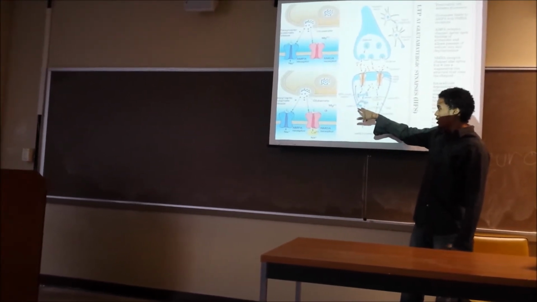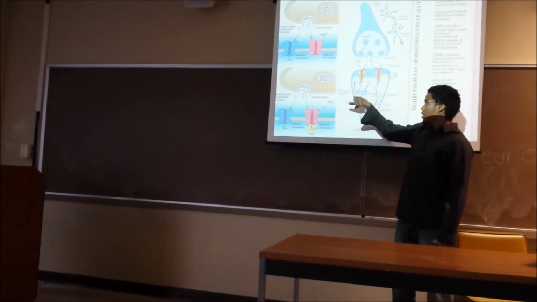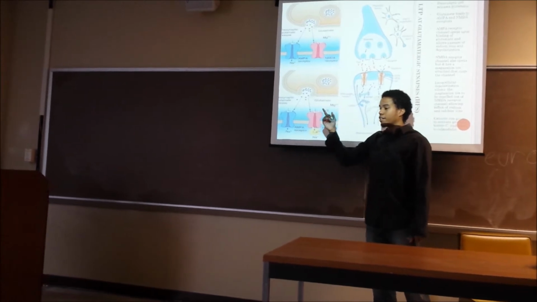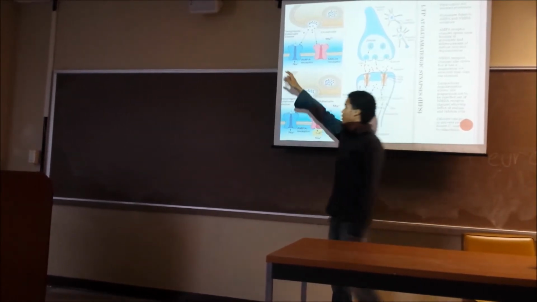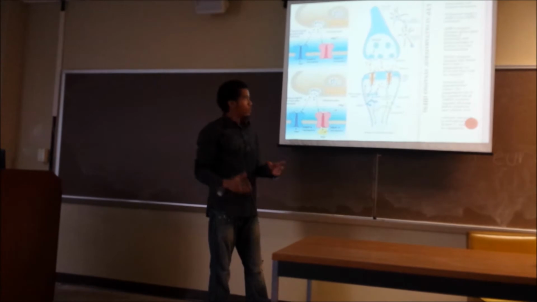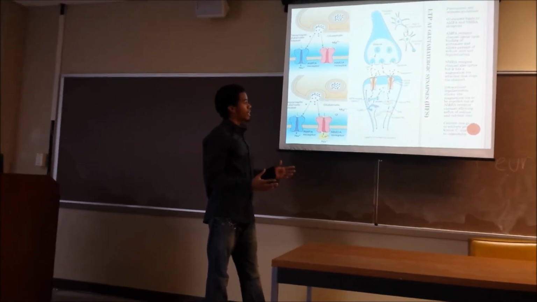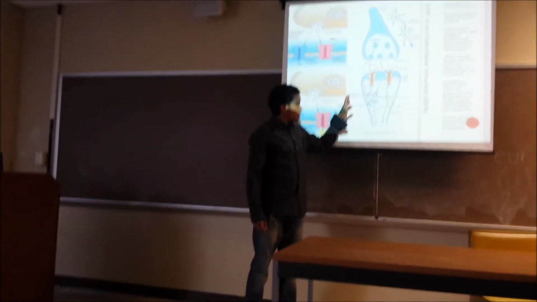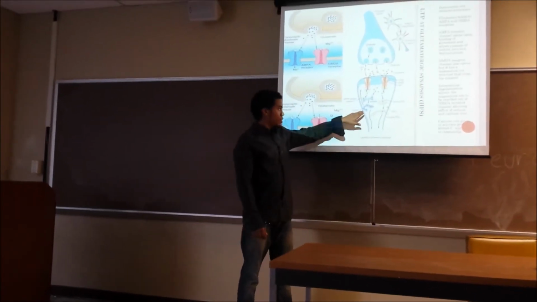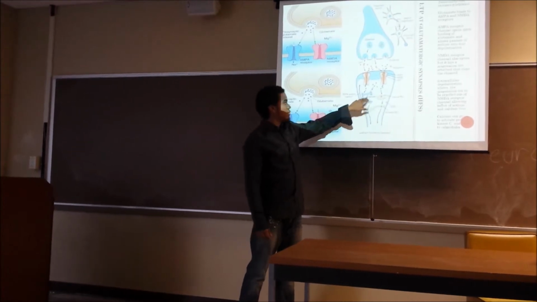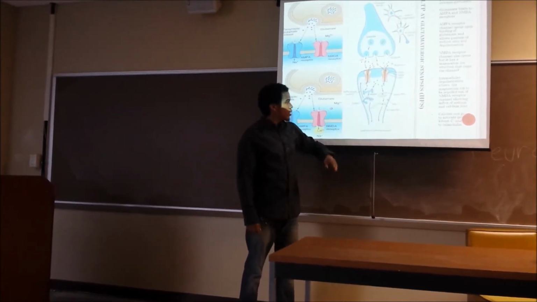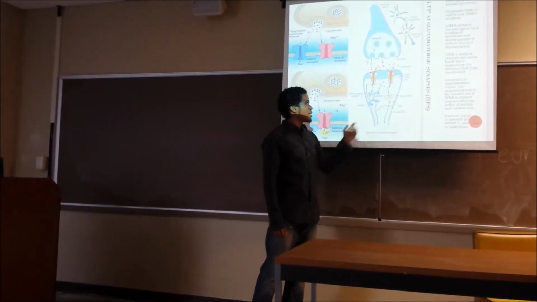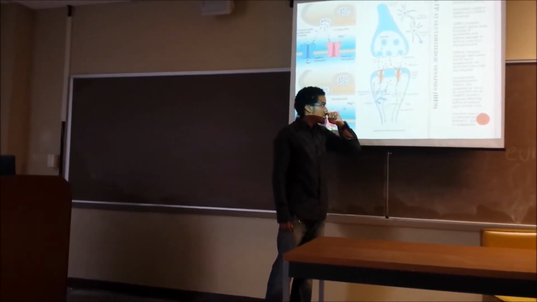And then CaMKII can phosphorylate AMPA receptors so that whenever glutamate binds to them, they'll stay open for longer, and they're more reactive. And CaMKII can also phosphorylate itself, so that it'll remain active even after the calcium concentrations are lowered. And if it does that, then it can keep phosphorylating AMPA receptors even after the NMDA channel closes.